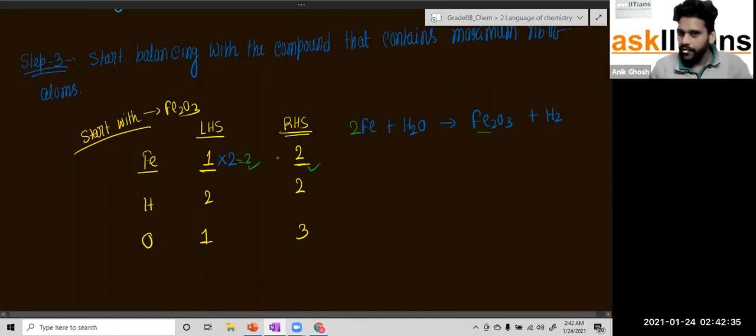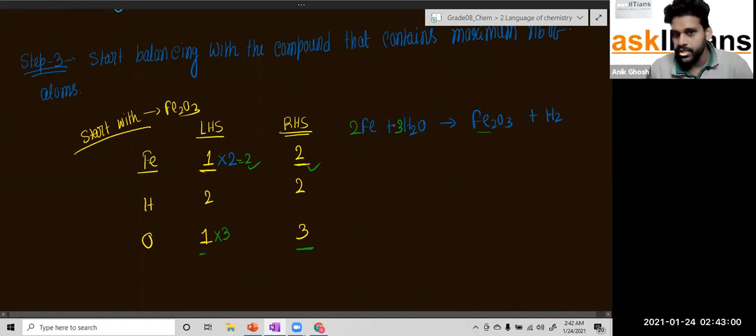Fine. Now we would move on to oxygen. Let's check oxygen. Now what is happening for oxygen? There are 3 on the right and 1 on the left. So to balance it, we have to multiply 3 with it. In order to do that, just write 3 here because I need to multiply 3 with oxygen.